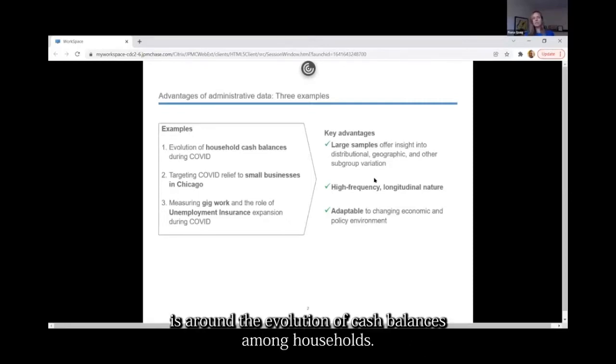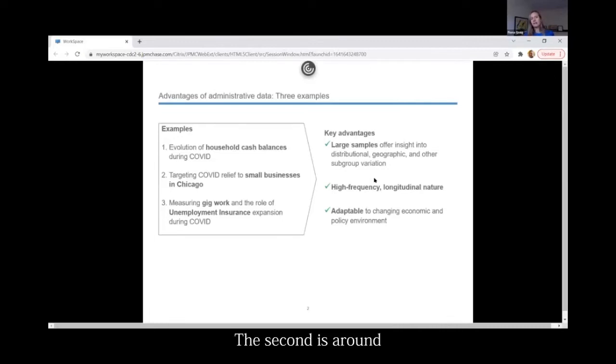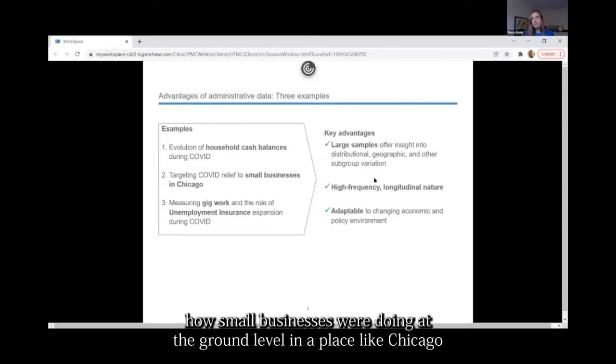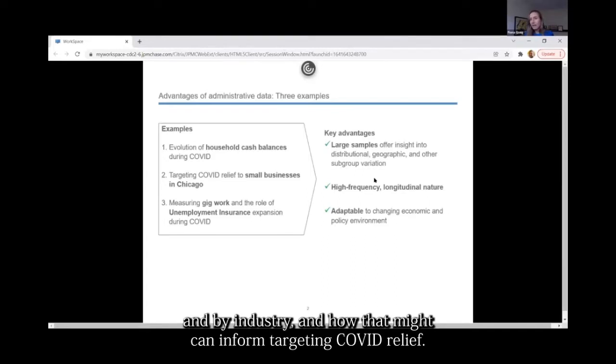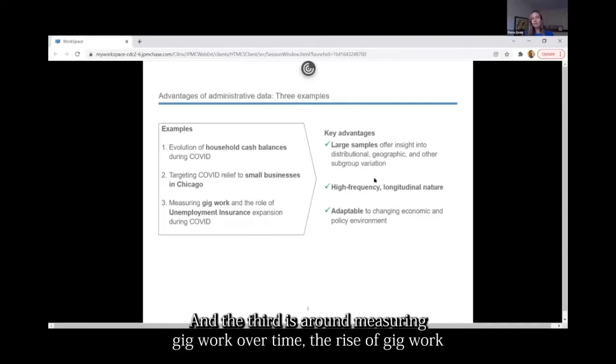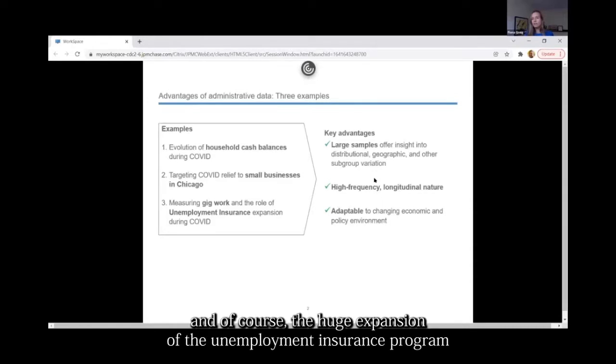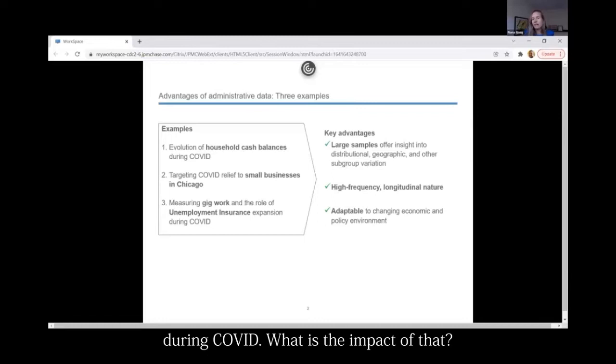So the first example is around the evolution of cash balances among households. The second is around how small businesses were doing at the ground level in a place like Chicago, and by industry, and how that can inform targeting COVID relief. And the third is around measuring gig work over time, the rise of gig work, and of course, the huge expansion of the unemployment insurance program during COVID. What is the impact of that?